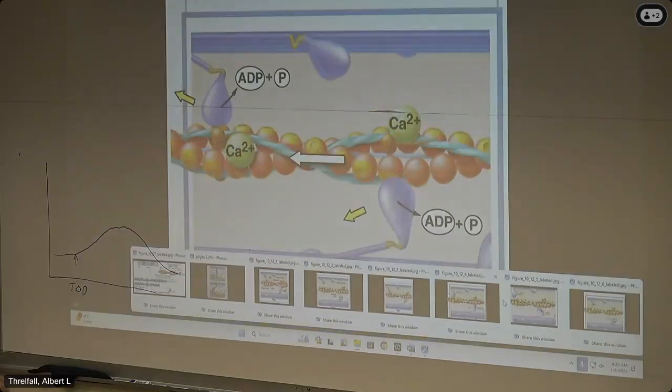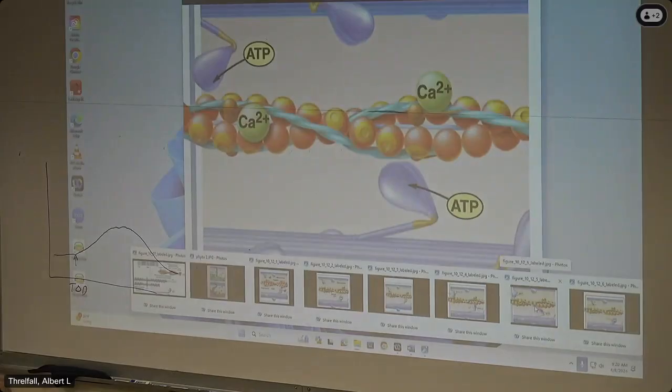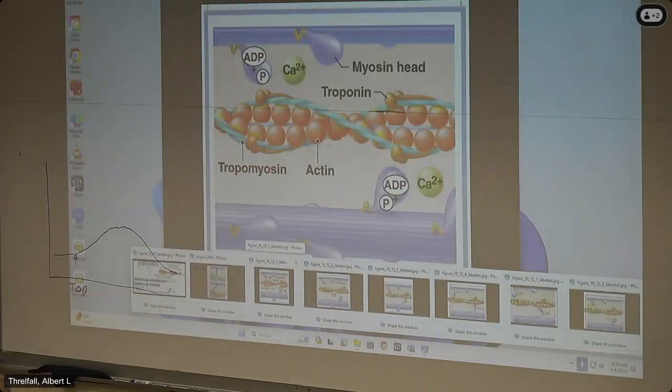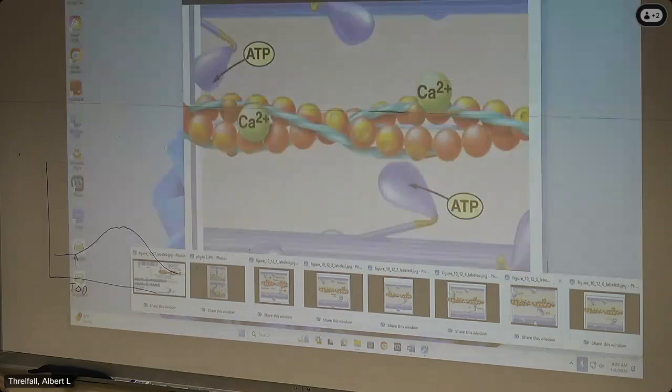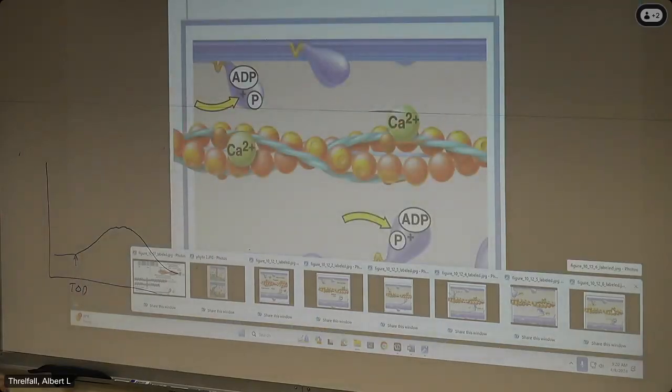Well, now we understand that the ADP and phosphate here that we started with are there because to break the cross bridge, the head had to bind ATP. As soon as it binds that ATP, the cross bridge breaks and the head splits the ATP into ADP and inorganic phosphate. It's not wild.